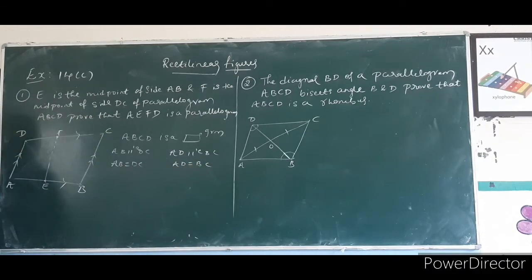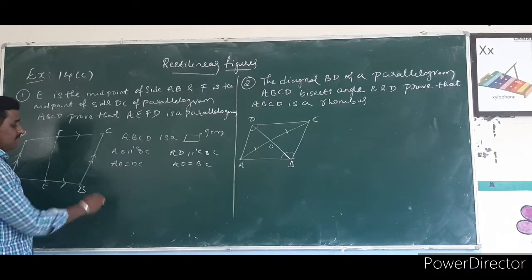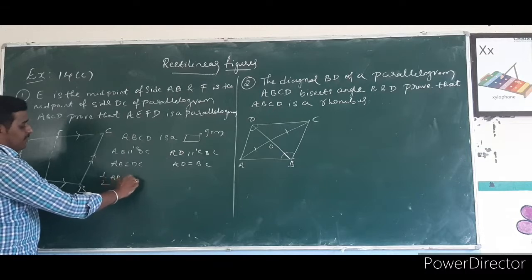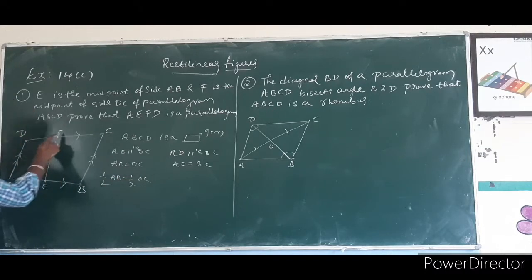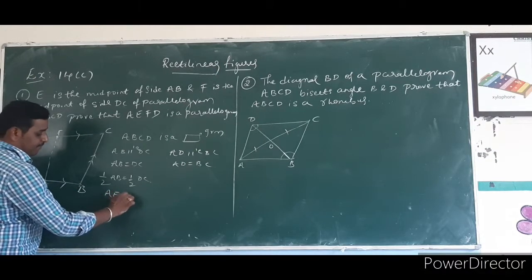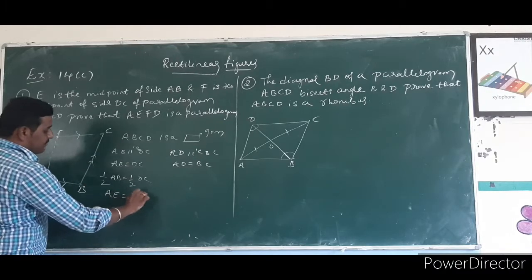So what do we have to prove? To prove AEFD is a parallelogram. You can consider half of AB and half of DC. Because E and F are midpoints, half of AB means AE, and half of DC means DF.